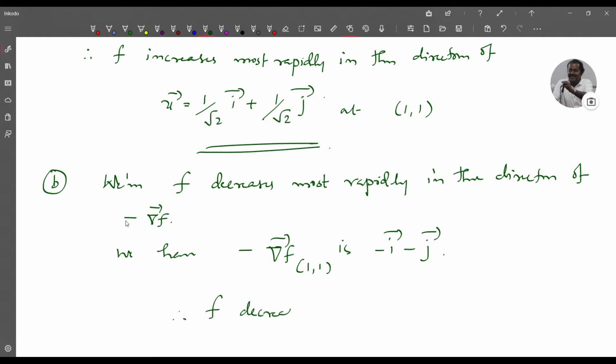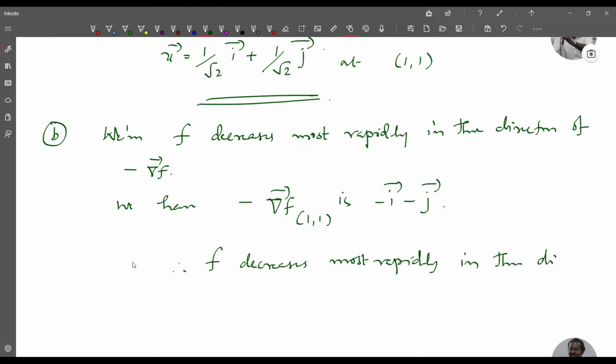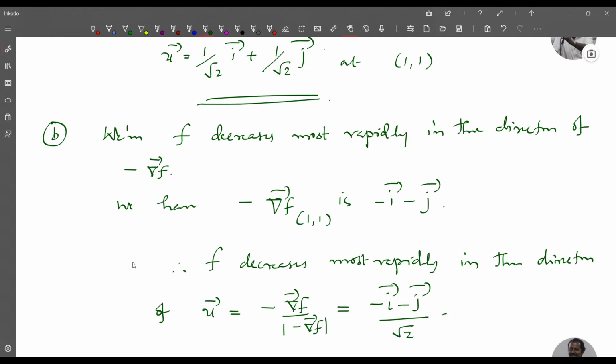Therefore f decreases most rapidly in the direction of u is equal to minus del f by modulus of minus del f. So this is minus i minus j divided by square root of 2.